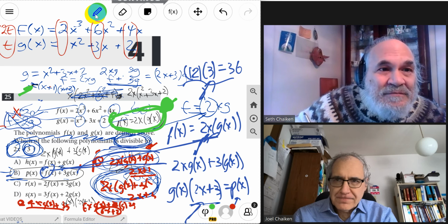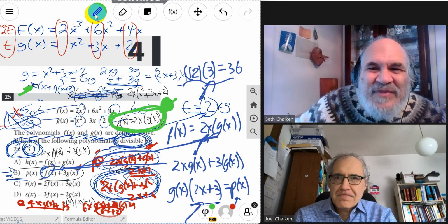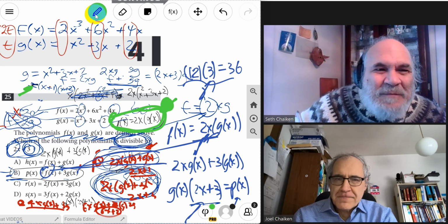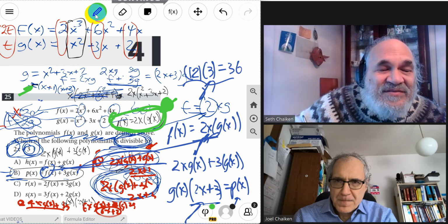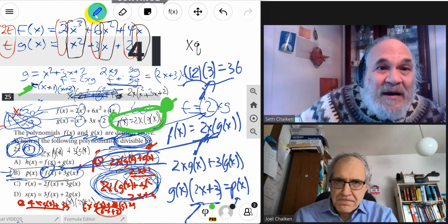But there's also a black pattern. x squared under x cubed, x under x squared, and x and 1 under x. At the bottom we have x times something, and at the top we have that times x.